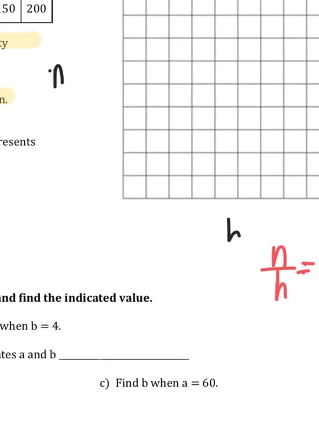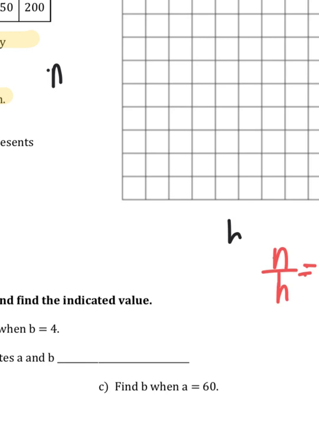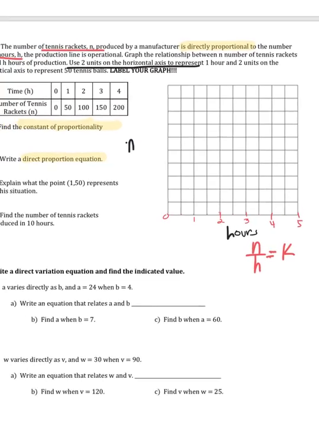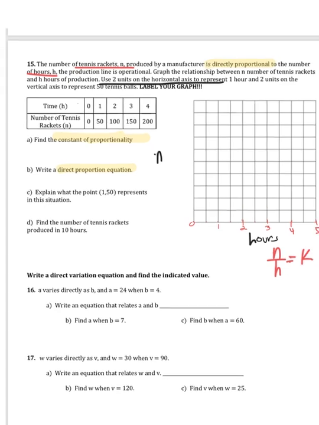So on my graph, I'm going to start here with 0, and I'm going to use 2 units, so that's going to be 1 hour, and this will be 2 hours, and this would be 3 hours, and this would be 4 hours, and this would be 5 hours. Okay, I'm going to label this hours.